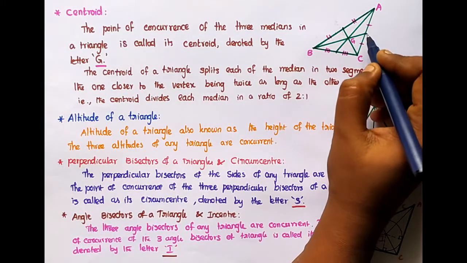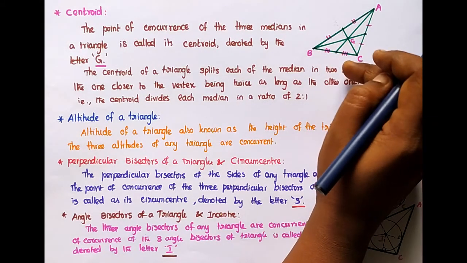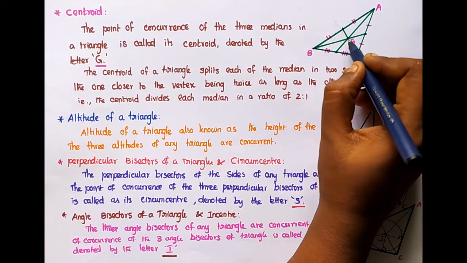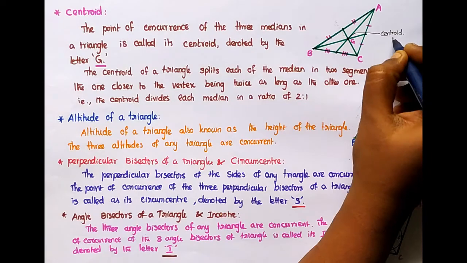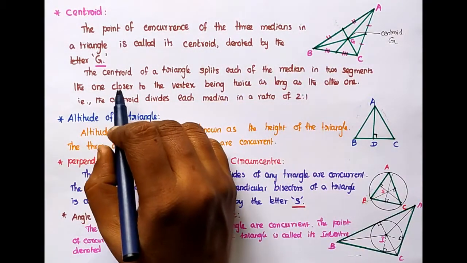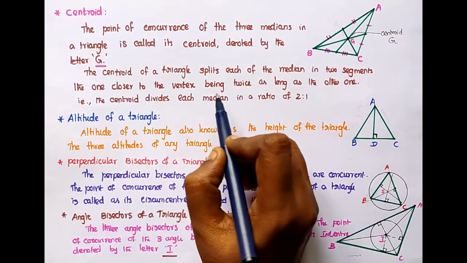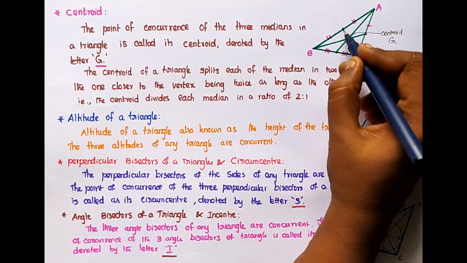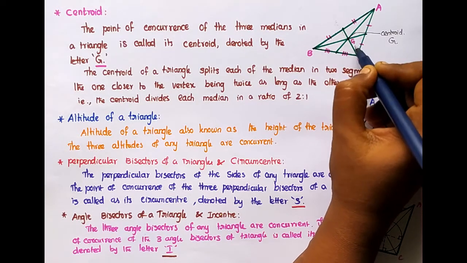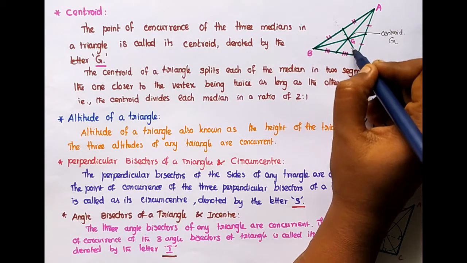We find the three medians of the triangle, and the point of concurrence is the centroid, denoted by the letter G. The centroid of a triangle splits each median into two segments, the one closer to the vertex being twice as long as the other.